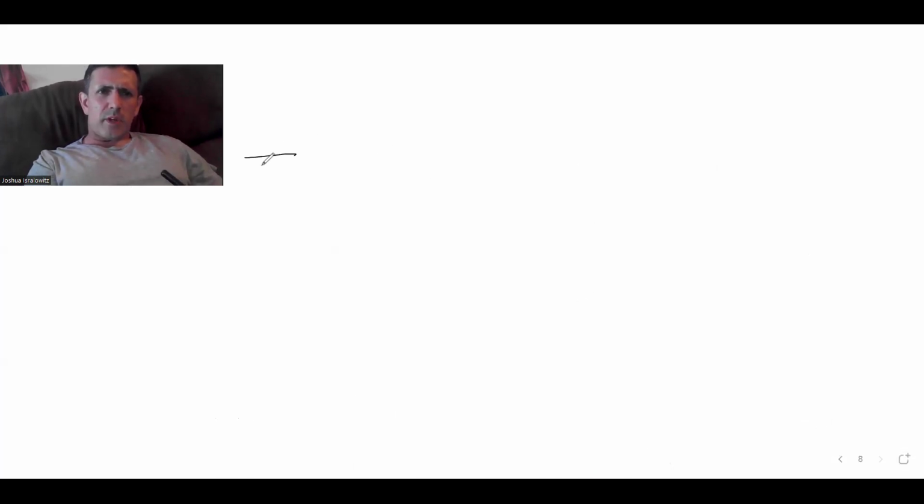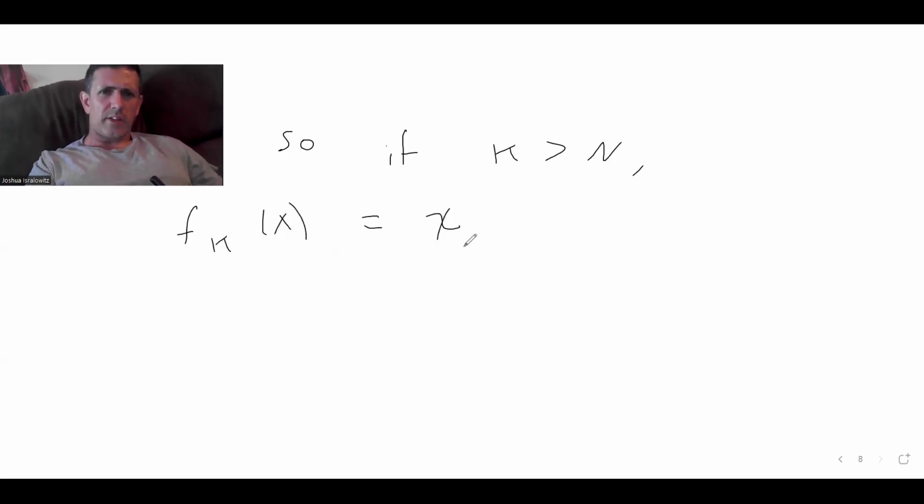And so that means, for k bigger than N, say f_k of x is defined as this characteristic function, this is going to be equal to 0.